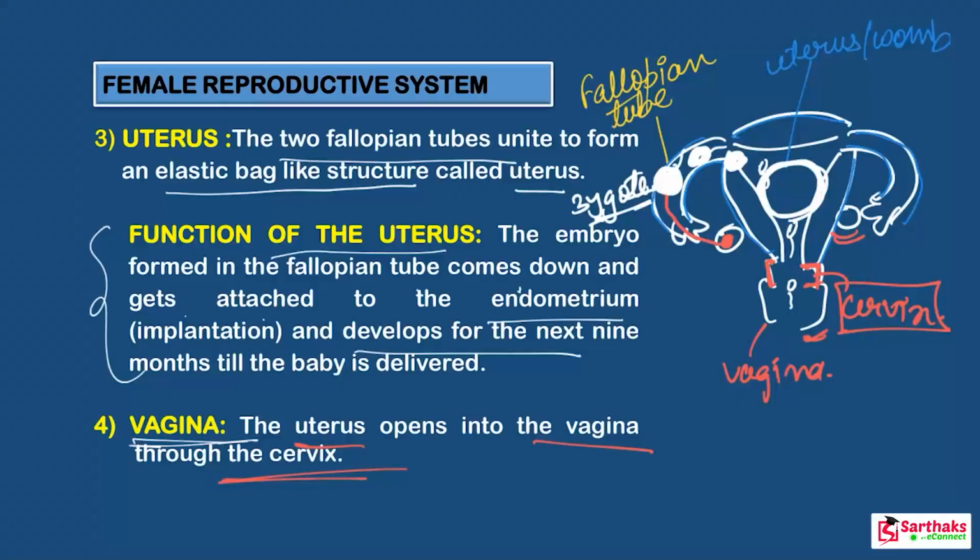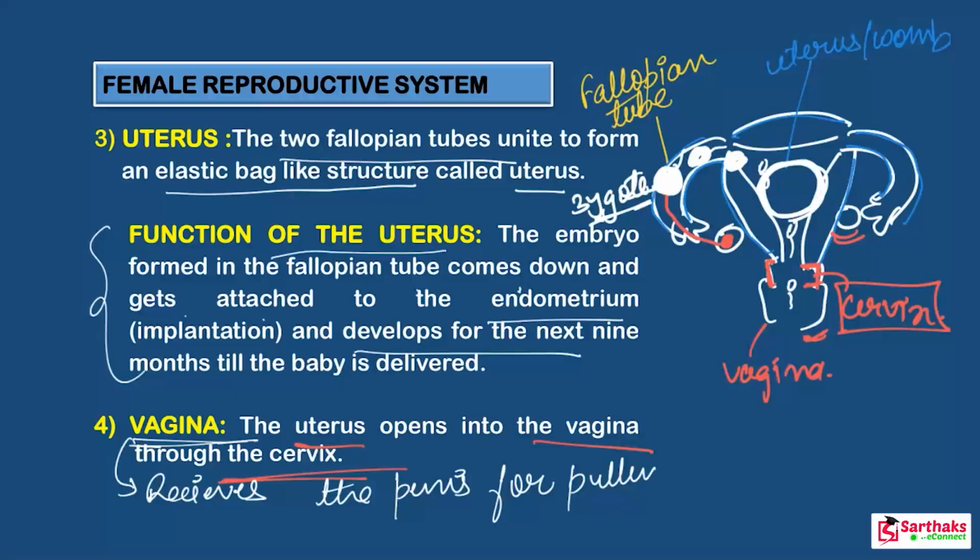Now the vagina is the place that receives the penis for putting sperms into the woman's body. Write down this line, very important for your exam: the vagina receives the penis for putting sperm into the woman's body.